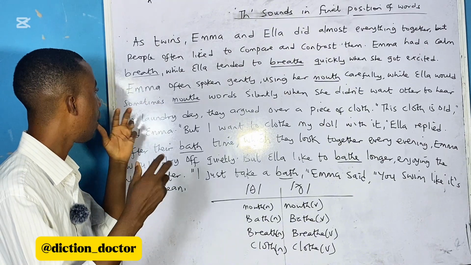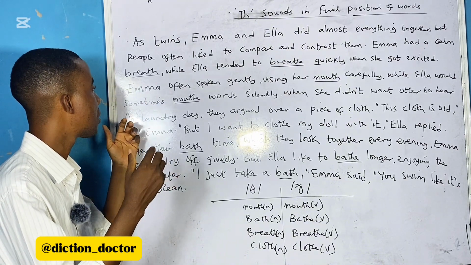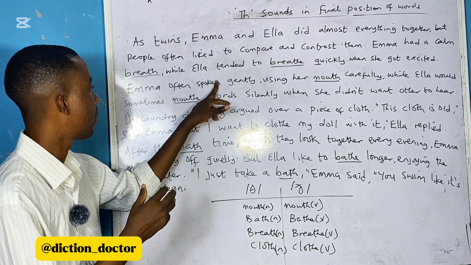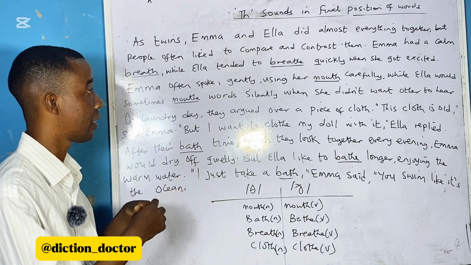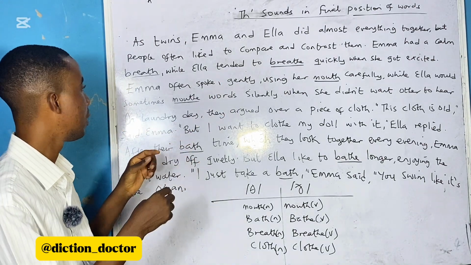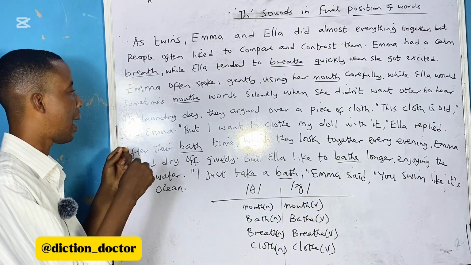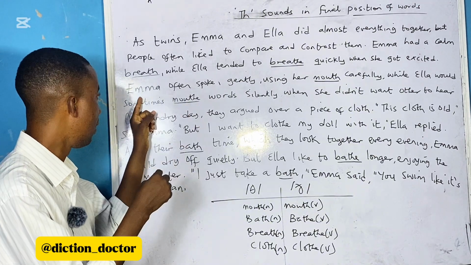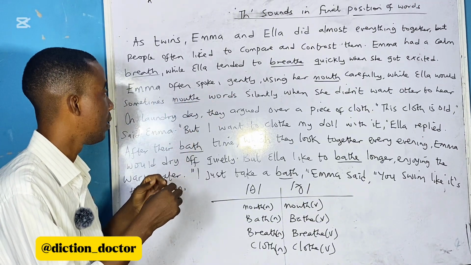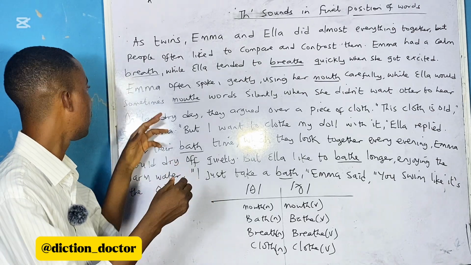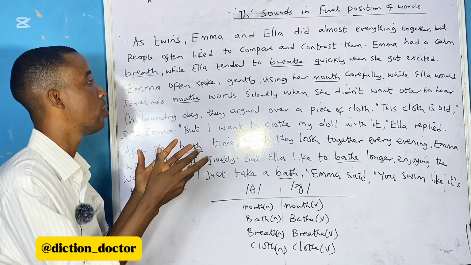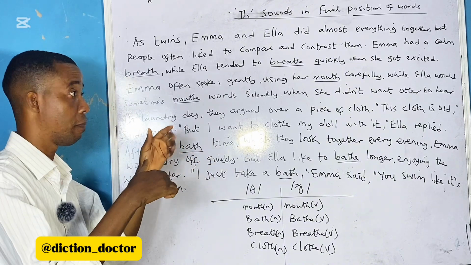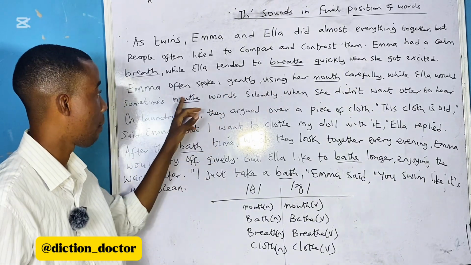Emma often spoke gently, using her mouth carefully, while Eller would sometimes mouth words silently when she didn't want others to hear. That's mouth, mouth, mouth.